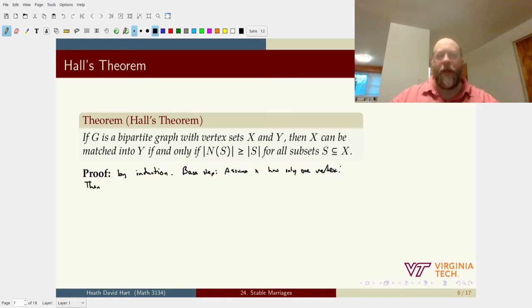So we'll call that V. Then the neighboring set of V has at least one vertex, W, and then VW is a matching.